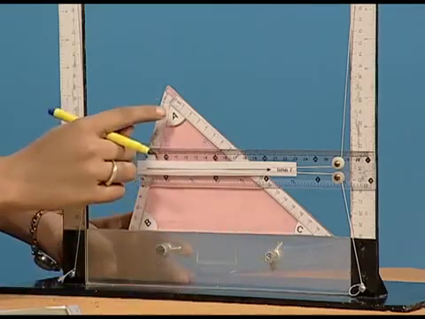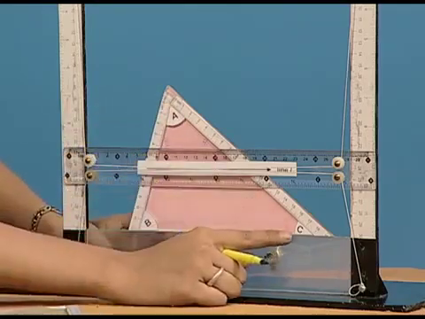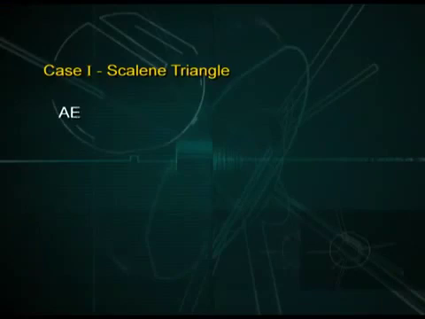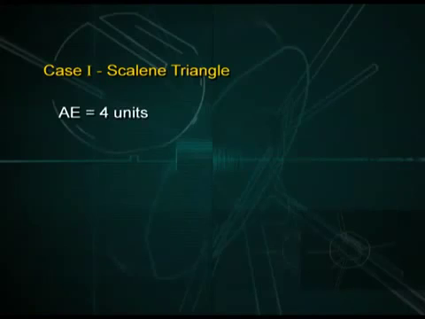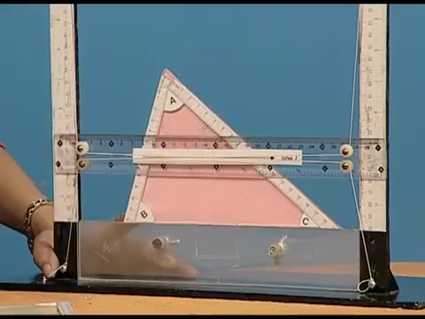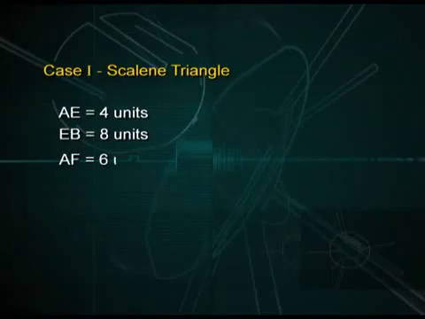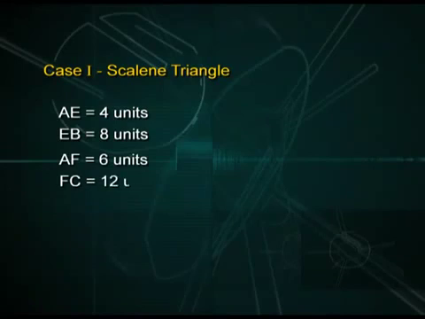Now on measuring AE, EB, AF and FC, we can see that AE is 4 units. EB is 8 units. Similarly, on measuring AF, we can see it comes out to be 6 units, and FC is 12 units.